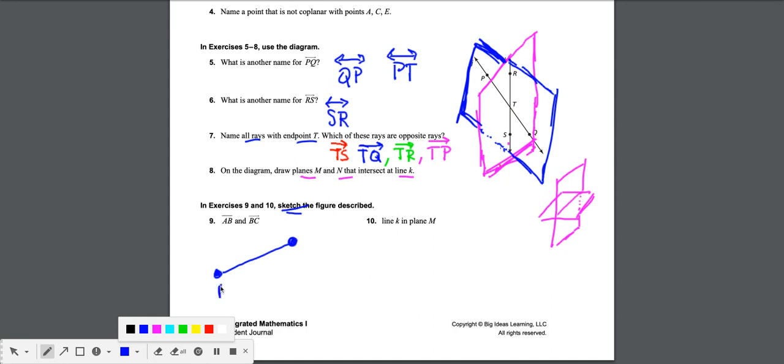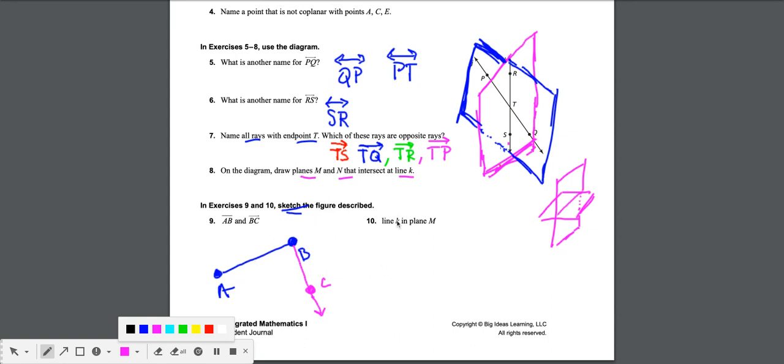Here's A and here's B. But I'm going to sketch this other thing that goes from B to C, but goes through C. I'm going to sketch it like this, having it go through C, because it is a ray. So it's a line segment and a ray, connected at B. It could be any angle, any orientation, in any shape or form, as long as it's a line segment and a ray.